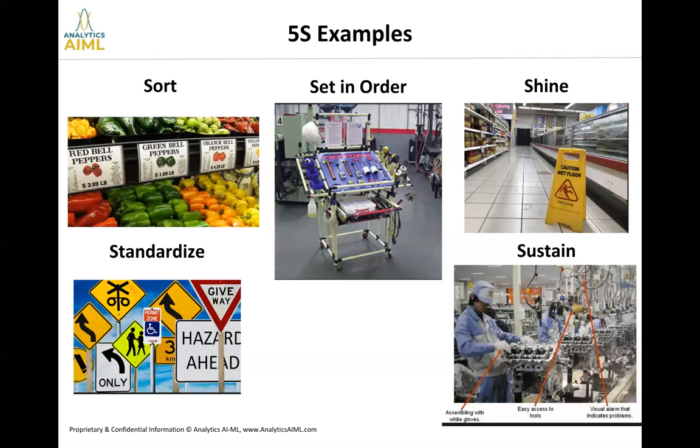So winding it up, 5S is very easy to understand, but as we try to implement it, we will see certain hurdles, and that's why we have the fifth S, sustain, to make sure that we improve things and follow the best practices which we got during our implementation of the 5S.